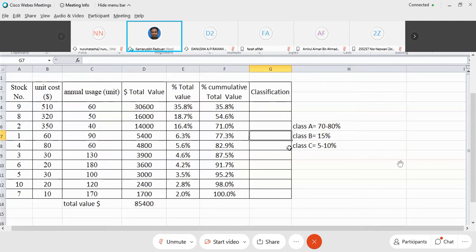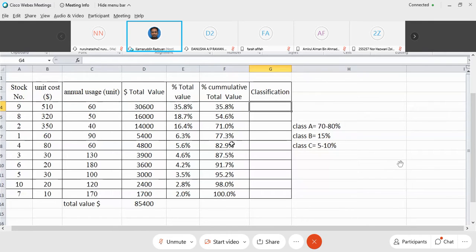Let's say for class A, we decide to have 80%. So we need to find in this column of percentage cumulative total value where the value is approximate to 80%.